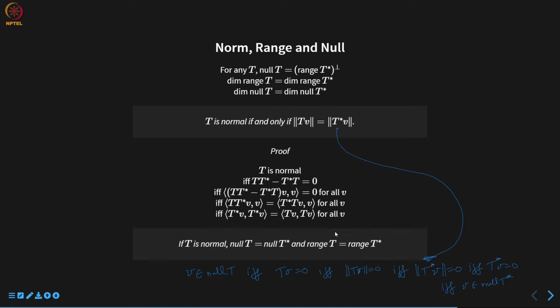But for a normal operator, the norm has to be the same, the null spaces have to be the same, range spaces have to be the same, but of course TV need not be equal to T star V. That is true for self-adjoint operator. Okay, so that is the difference. So normal operators are a mild sort of generalization of self-adjoint. You can think of it that way. I mean, they do generalize in different ways. Okay, so this is a useful property to remember.